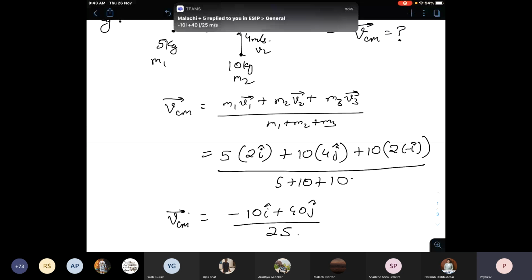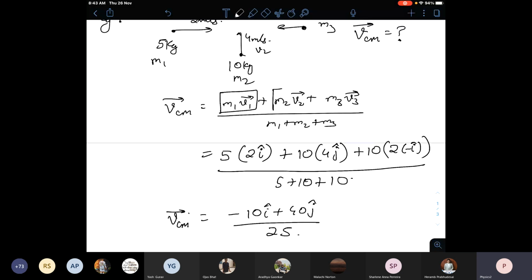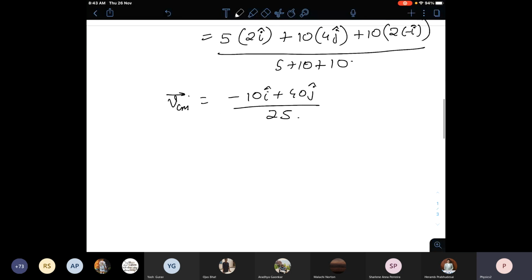We are calculating the individual momentums of each of the particles. If you rearrange the formula, you can write a note, an extra point: summation m into vcm is equal to summation of mv. This is the formula which we are getting for velocity of center of mass.